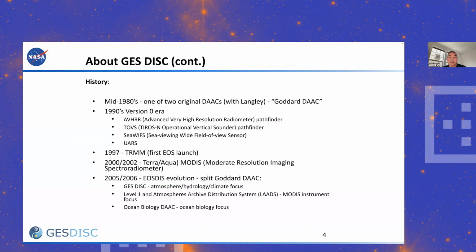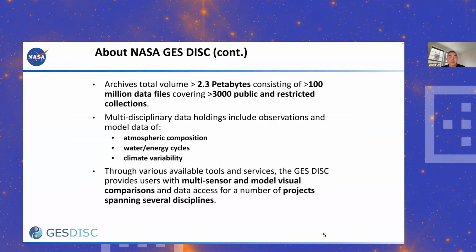GES DISC has a long history. It was established in the mid-1980s, the beginning of the satellite era. For the interest of time, I will not go through the details. And these are some archive statistics about GES DISC.